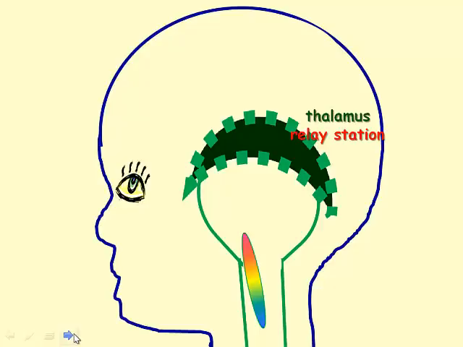For example, if you put your hand on a hot stove, this survival information will bypass the thalamus. Still, our neurons do not communicate as fast as the speed of light or heat, so you'll be burned before you get the information, ouch, and yank your hand off of the hot stove.